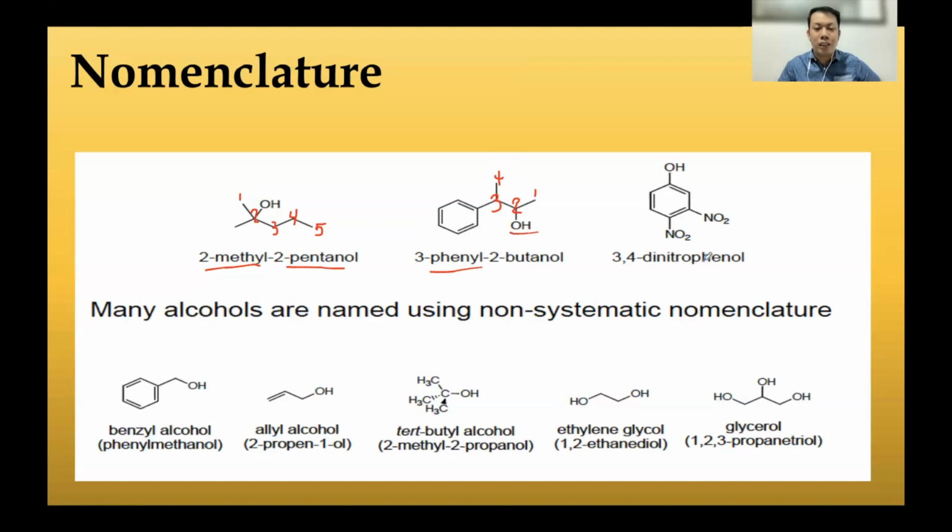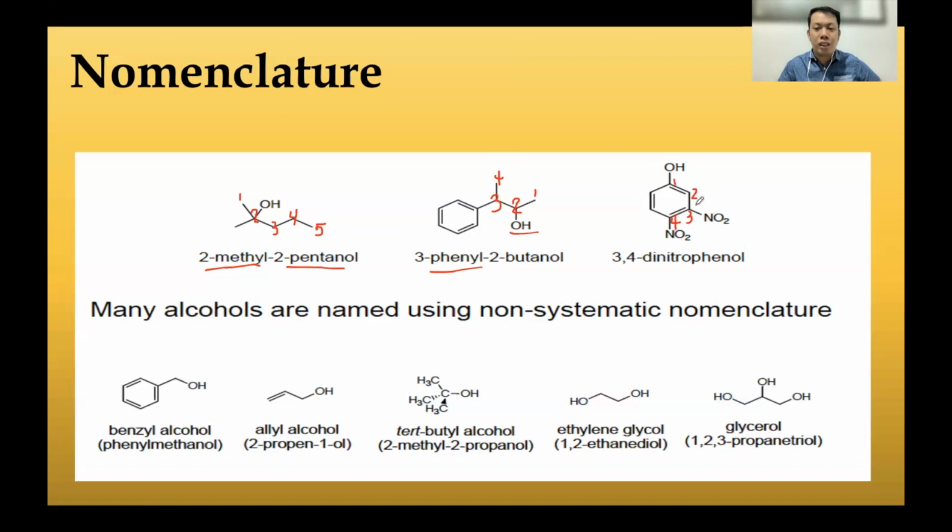On the other hand, you have here a phenol with nitro groups. Where are you going to start counting? Of course, here: 1, 2, 3, 4.